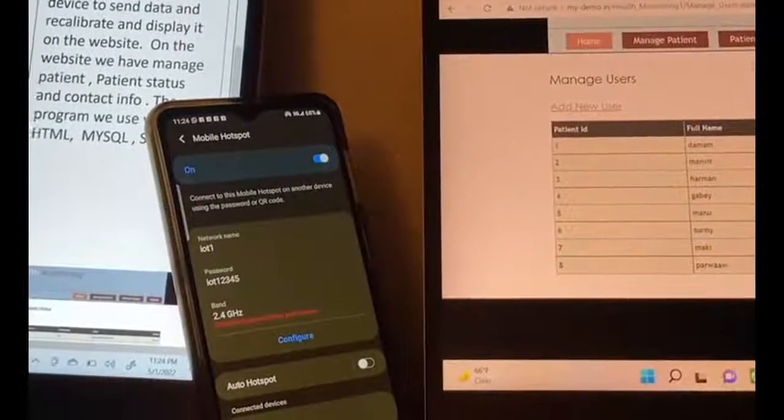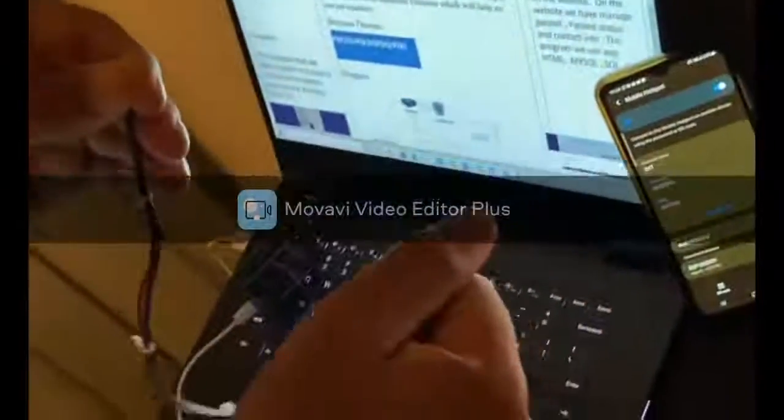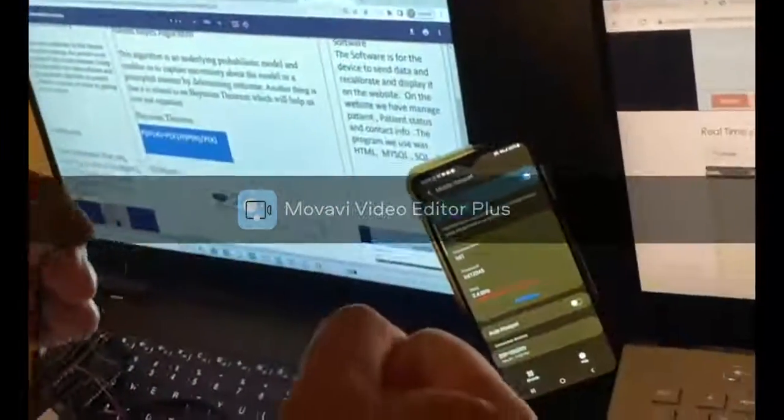After, we're going to show you a little demo where Harmanpreet is going to hold the pulse sensor and the temperature sensor in his hand, and we're going to get a reading. It takes 30 seconds to give us a reading. So I have my temperature sensor right here and the pulse sensor right here to give us a pulse reading and temperature reading.